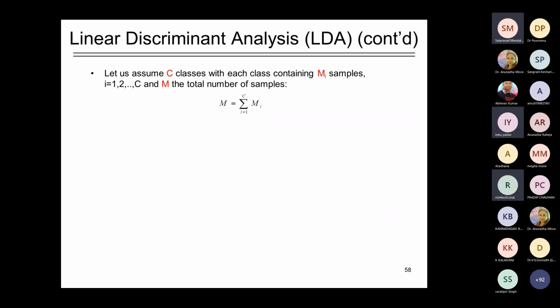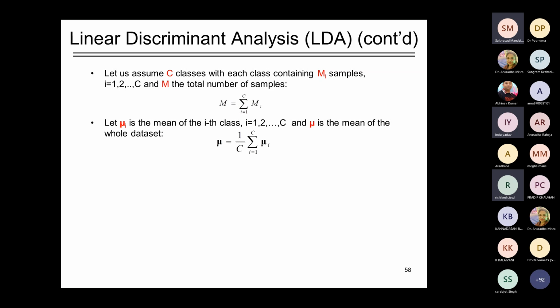Let us assume C classes, with each class containing mi samples, i going from 1 to C, and m is the total number of samples. The value of m is the summation of mi, i going from 1 to C. Let mu i be the mean of the ith class, with i varying from 1 to C, and mu is the mean of the whole data set.